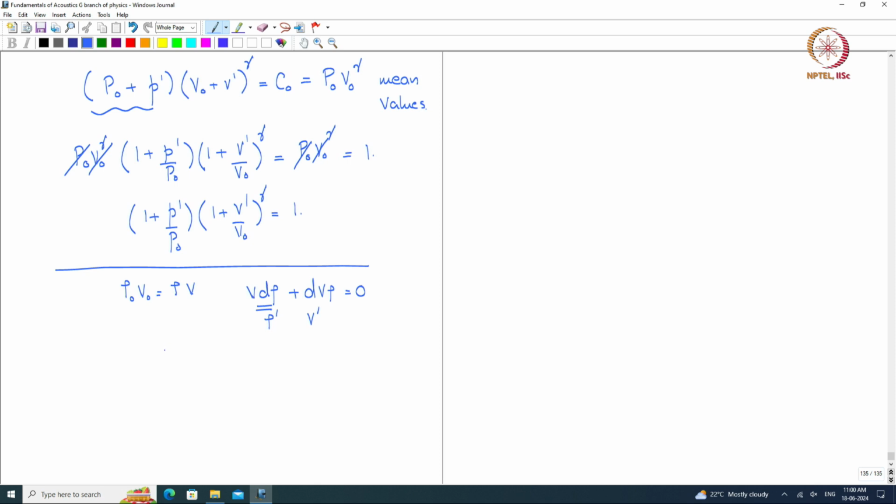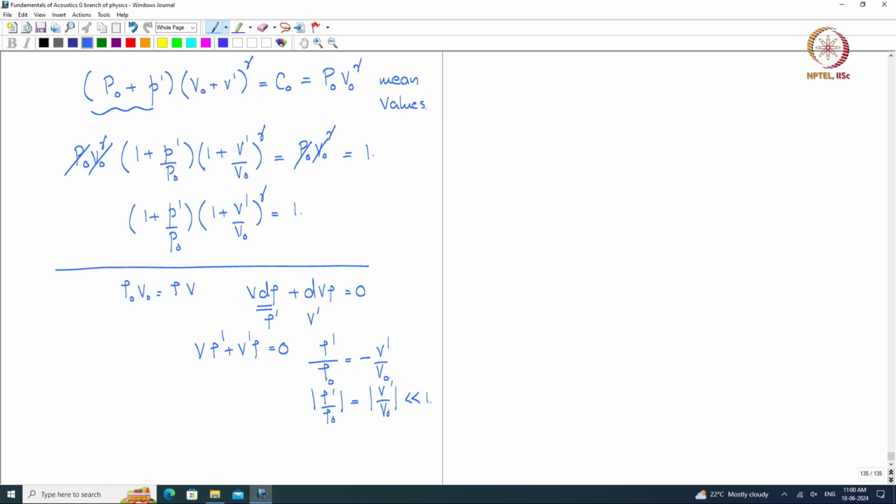So what I have here is V rho dash plus V dash rho equal to 0, or rho dash by rho is equal to minus V dash by V, and I will make these the mean values. That means in the amplitude sense, rho dash by rho 0 is of the same order of magnitude as V dash by V0, and hence much smaller than 1.